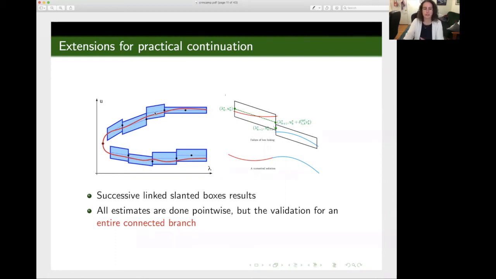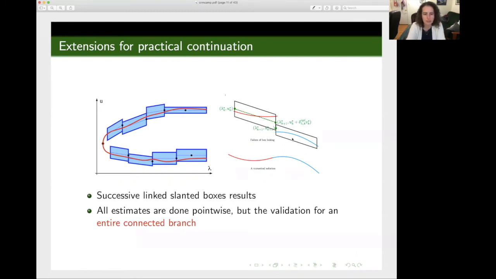Now, when I do these successive estimates of boxes, in order to guarantee that I don't have some situation like this one drawn here, where there's actually two boxes where I can guarantee uniqueness and accuracy, but in fact, the object that I'm guaranteeing uniqueness and accuracy of is two different branches, I have to make some sort of a condition that links up my boxes so that I can guarantee that I have the same branch in both boxes.